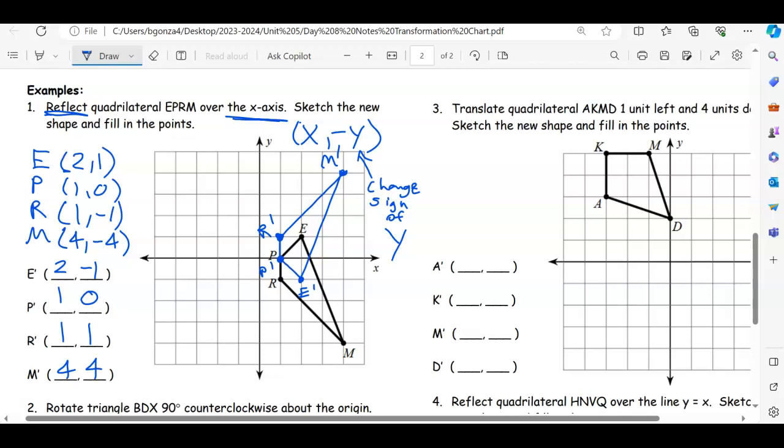Cool. Doesn't that look like it was reflected across the x-axis right here? Right? Up and down, it was reflected. Because I got the original points, I wrote the rule, I applied the rule, and then I graphed it.